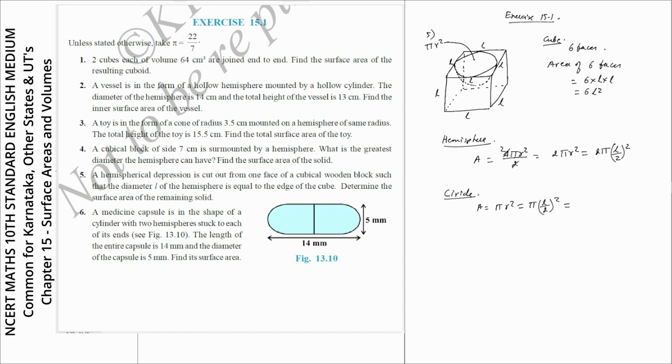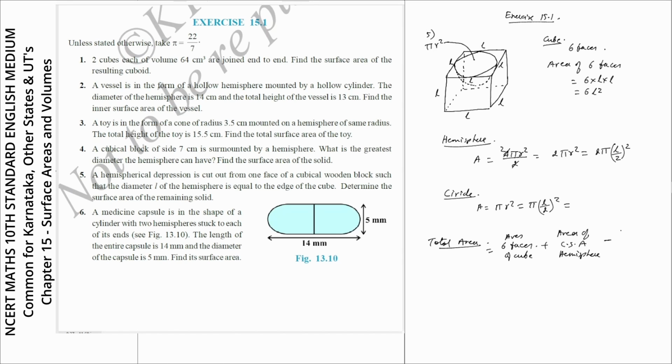Now what is the total area? Total area of the given solid will be area of 6 faces of cube plus curved surface area of hemisphere minus the area of the circle.